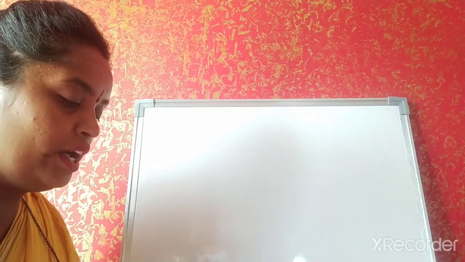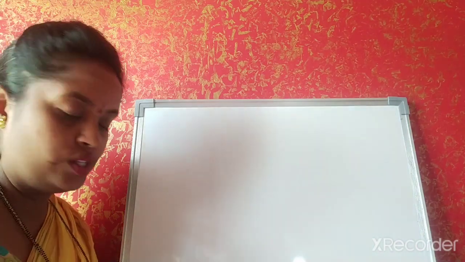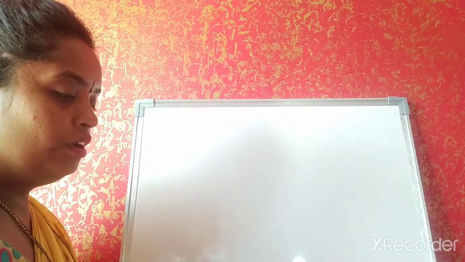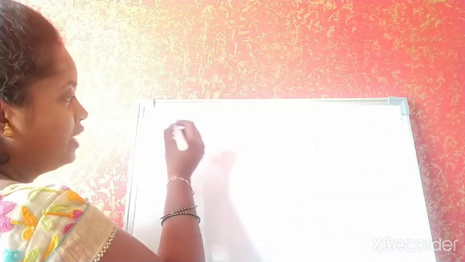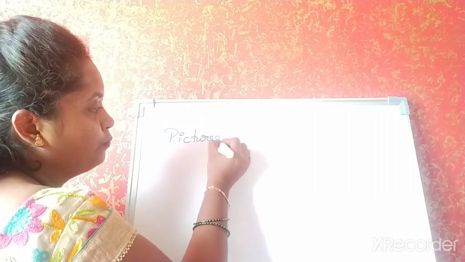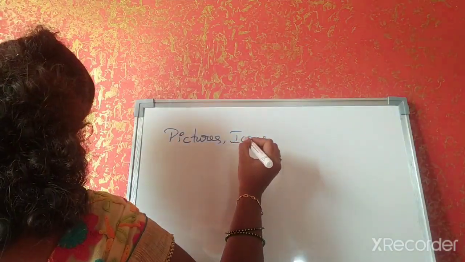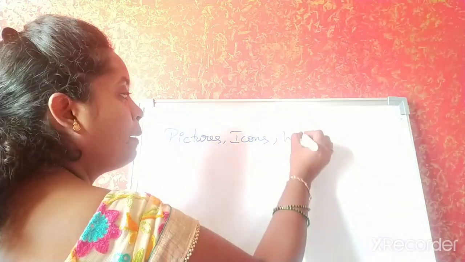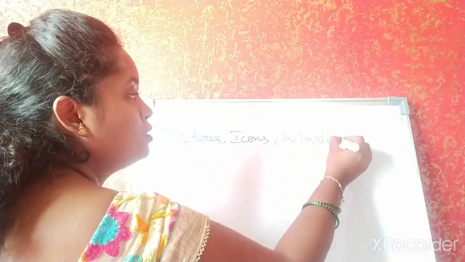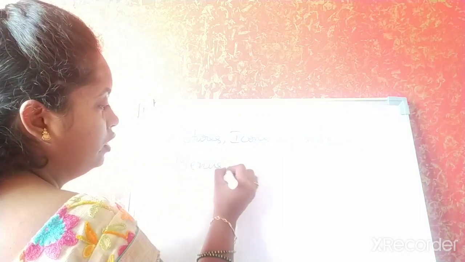So what is a GUI? The full form is graphical user interface. What does it actually contain? It contains pictures, icons, windows, menus and graphics.